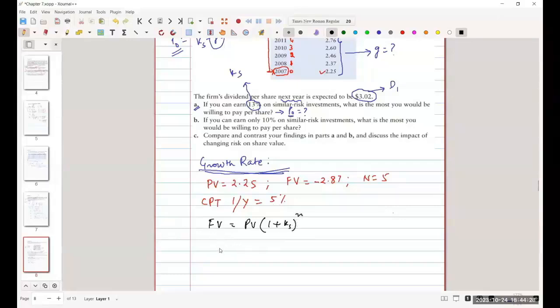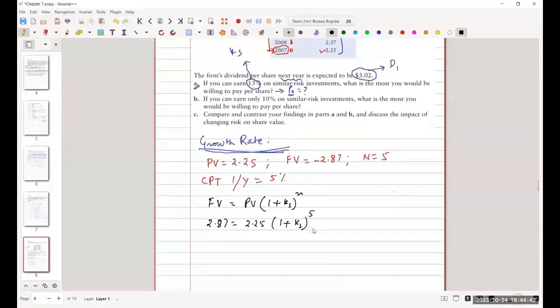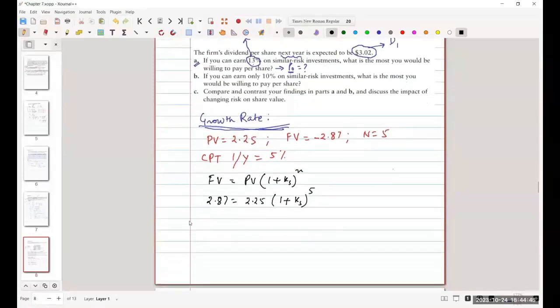And we can just substitute here. 2.87 is equal to 2.25 times 1 plus the rate, something that we need to find out, raised to the power of 5 time periods. So we can say 2.87 over 2.25 is equal to 1 plus k to the power of 5.